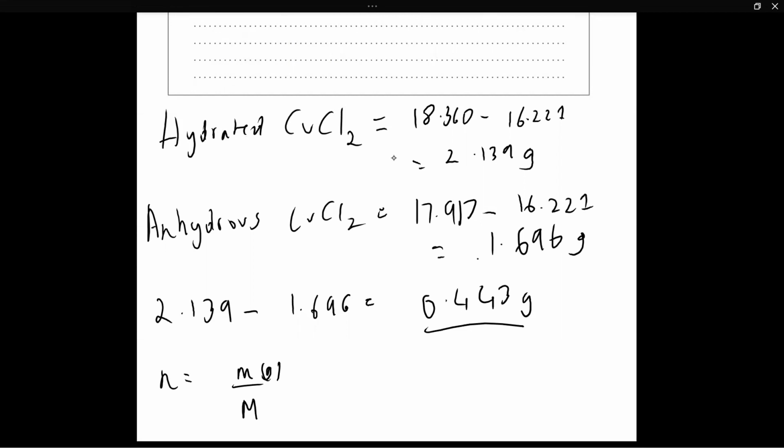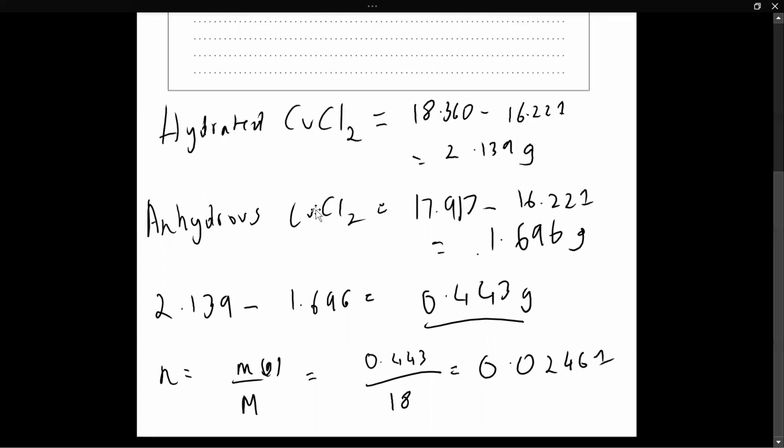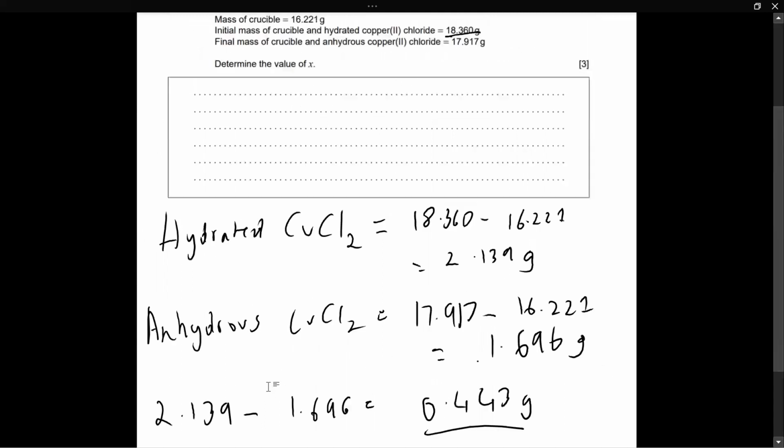We also know what the molar mass for water is. So the mass in grams is 0.443, and the molar mass of water is approximately 18. So when we do the calculation on our calculators, we get the answer as 0.02461. So these many moles of water are present in the hydrated copper 2 chloride.